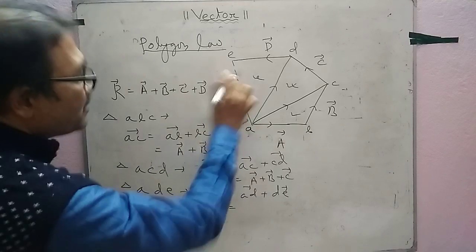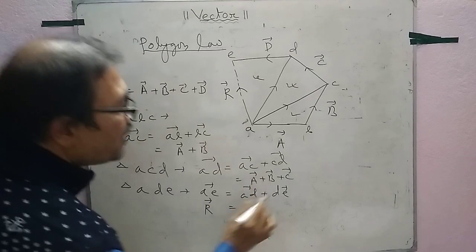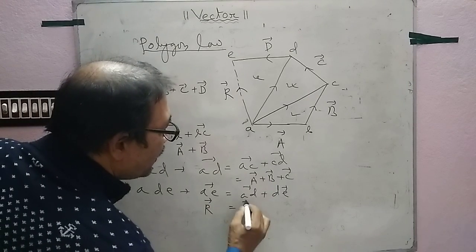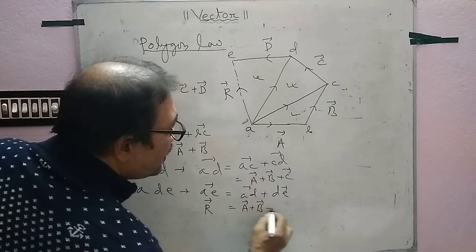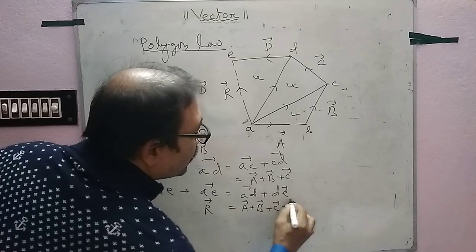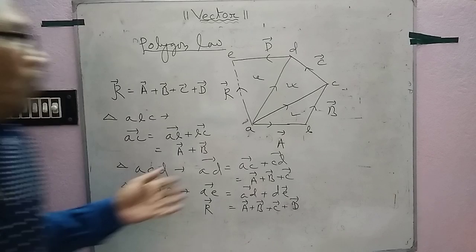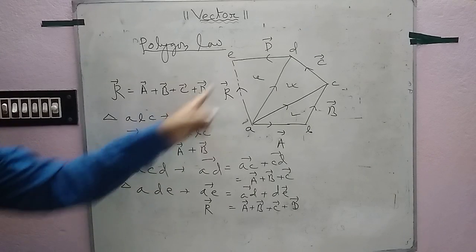Putting AE means R, value of AD, A plus B plus C plus D. So from triangular law we will reach the polygon law.